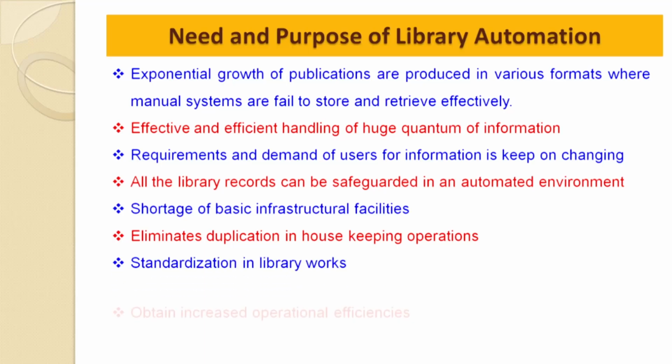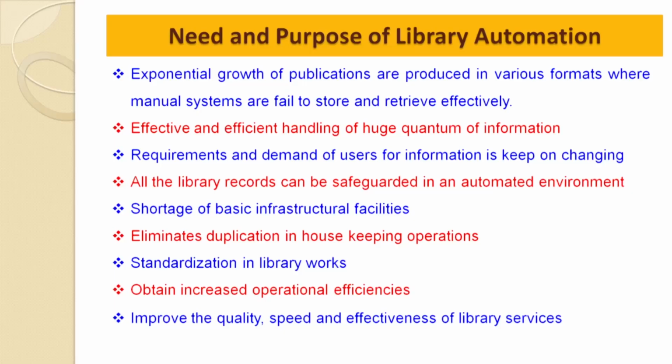And of course, when we talk about other points, shortage of infrastructure is another reason. It can eliminate all the duplication. That is the reason why we adopt the library automation process. It also increases operational efficiency, and automation brings standardization. In everything we will have some kind of standardization, so that you will be more comfortable performing the activities happening in a particular library.